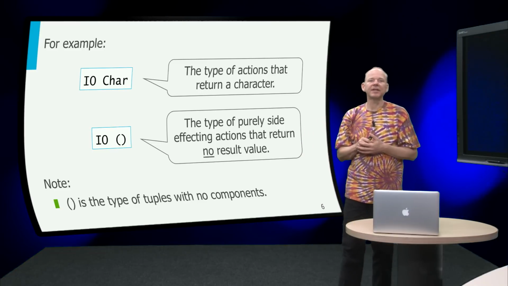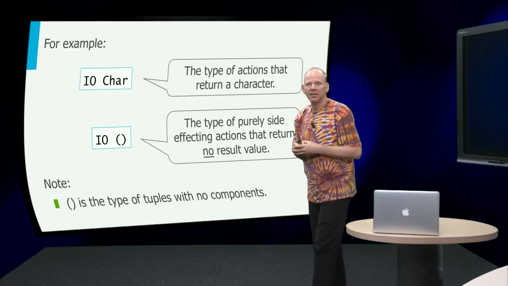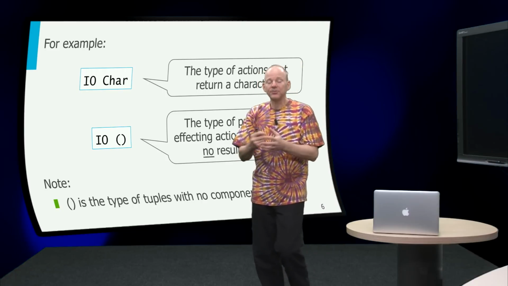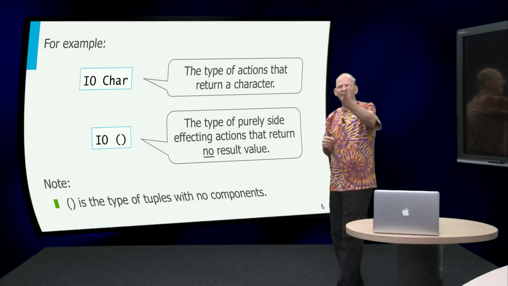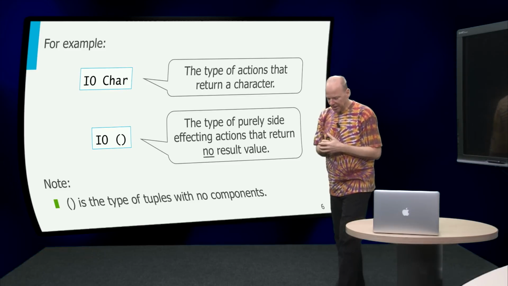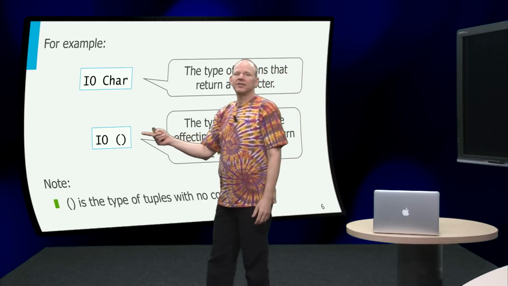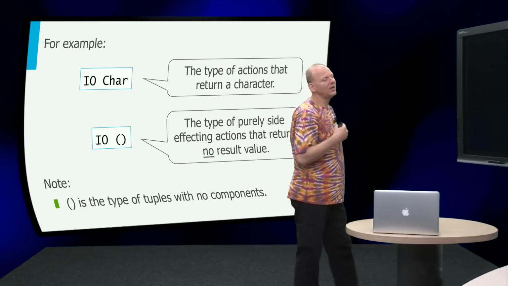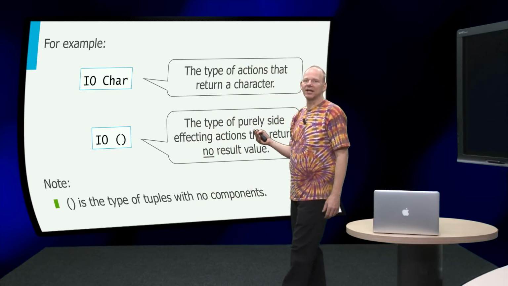Let's look at some concrete examples of the I/O monad. Here's I/O of char, which is the type of an action that will perform some side effects and then return a character. And then the most imperative of imperative types, that is I/O of unit. That is a function where the only interesting thing it does is performing side effects.